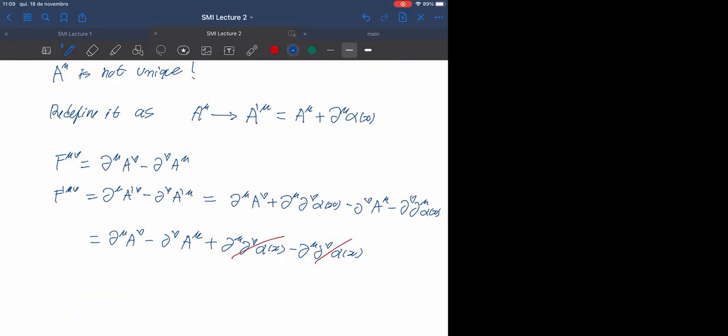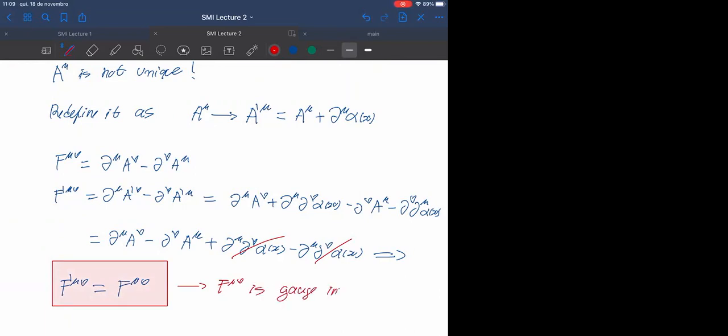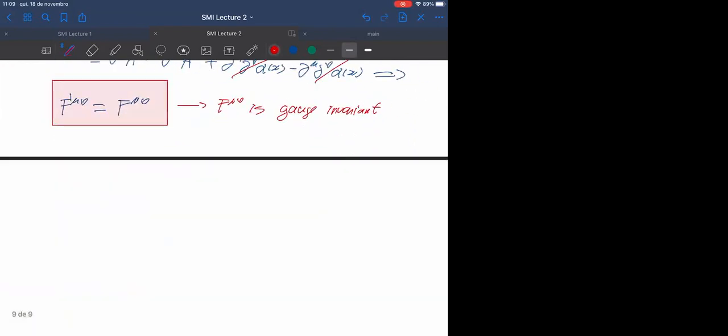So we have that F prime mu nu equals F mu nu, and this is because of gauge invariance. So F mu nu is gauge invariant, and so is d mu F mu nu.